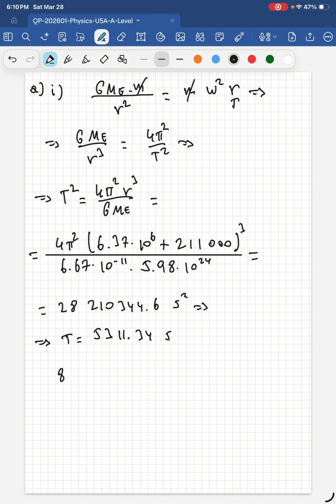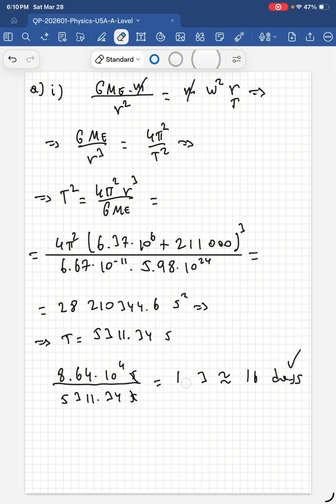Now, if we divide the number of seconds in a day, which is 8.64 times 10 to the 4 seconds, over 5,311.34 seconds, okay, we will find 16.3, which is approximately 16 days. So the claim is correct, okay? Let me make a better 6, so 16.3, 16 days, okay.